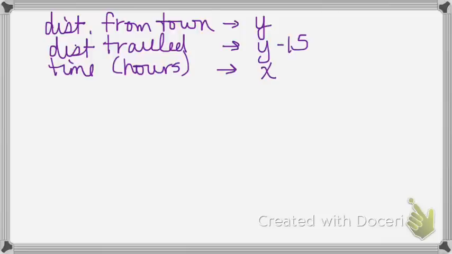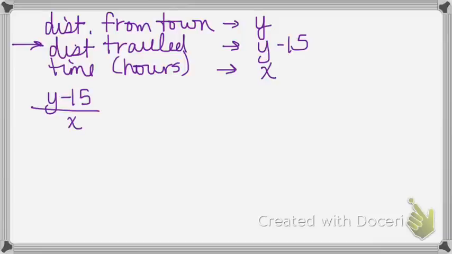Okay, so we want to know how many miles Dave is from town, and that's y, after driving for x hours. So we're going to have to write a proportion. So our speed is going to be the distance traveled, which is y minus 15, over the time it took to do that in hours, which is x.